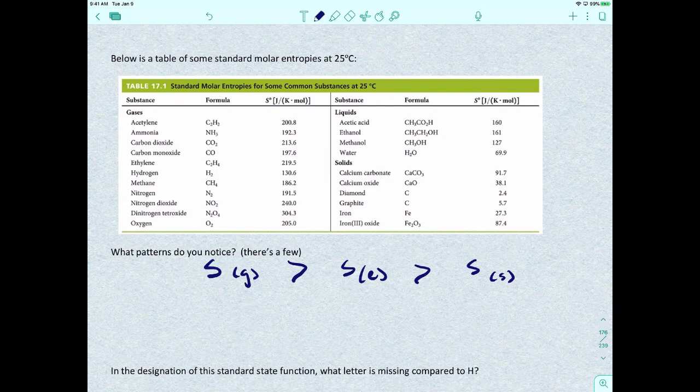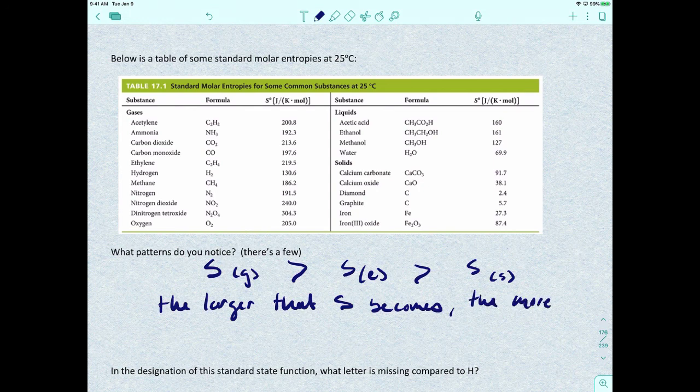And the other thing that we can see is that the larger S becomes, the more complex structures we'll be dealing with.